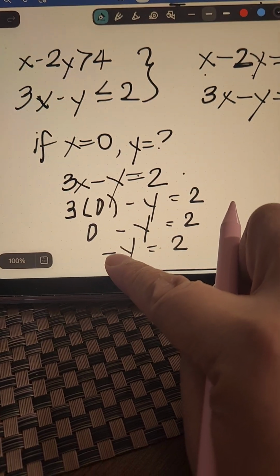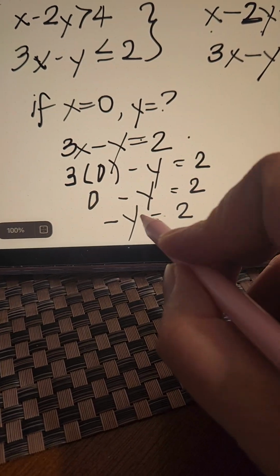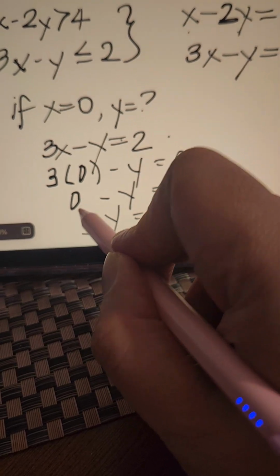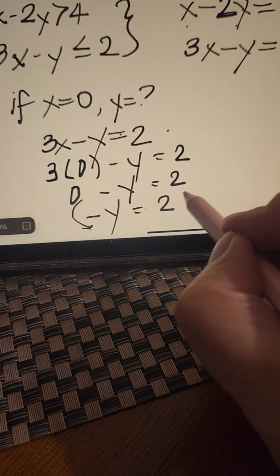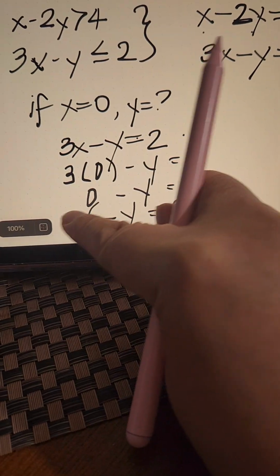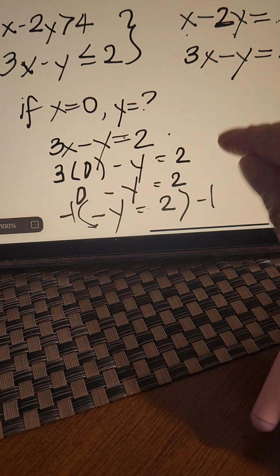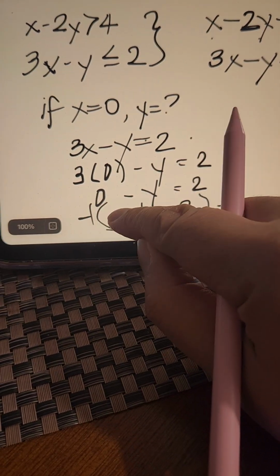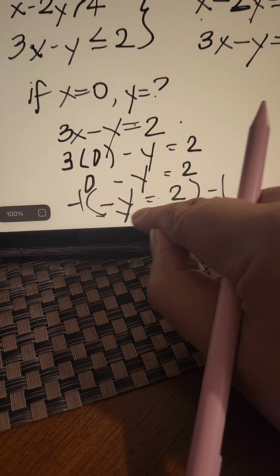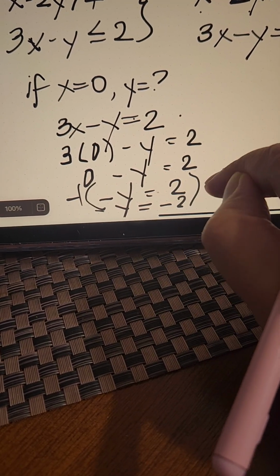Now hindi tayo pwede magkaroon ng negative. Okay, kaya pag ganyan may negative dun sa variable, ang ginagawa natin ay minumultiply natin siya by negative 1, para maalis yung negative value. So negative 1 times negative y is positive y. Positive 2 times negative 1 is negative 2.